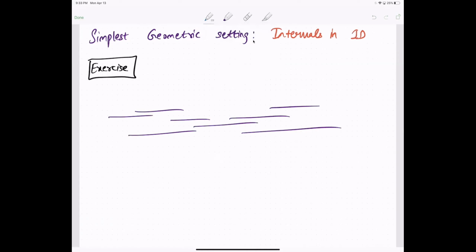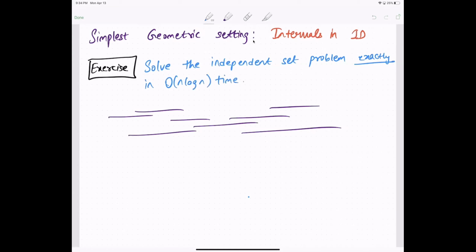You can solve the independent set problem exactly in this case in just n log n time. So I'll leave this as an exercise.